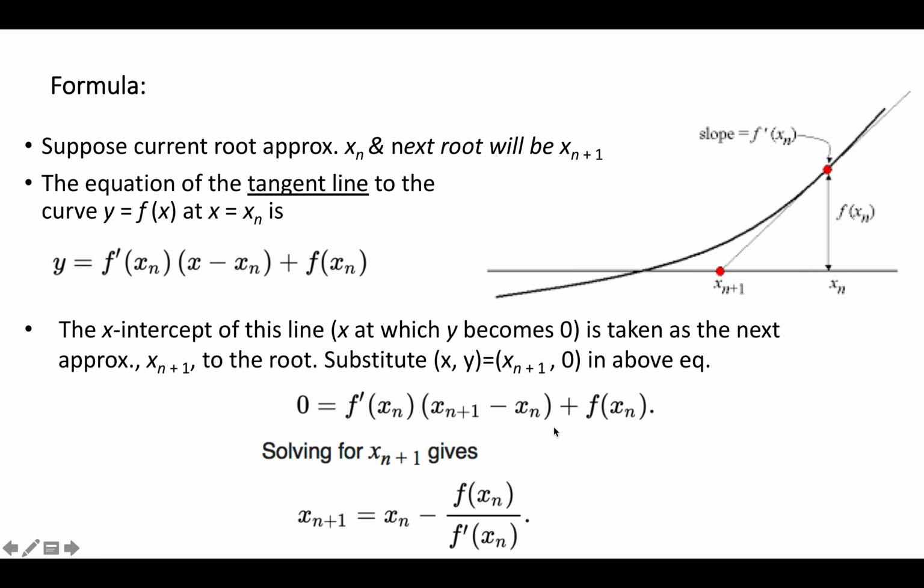So from this step we get the value of xn plus 1 in terms of the initial guess xn and the function value f(xn), and we also require the derivative of the function at this point, which is also called the slope of the function.